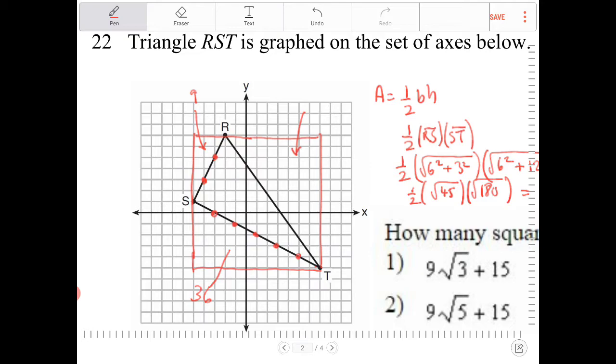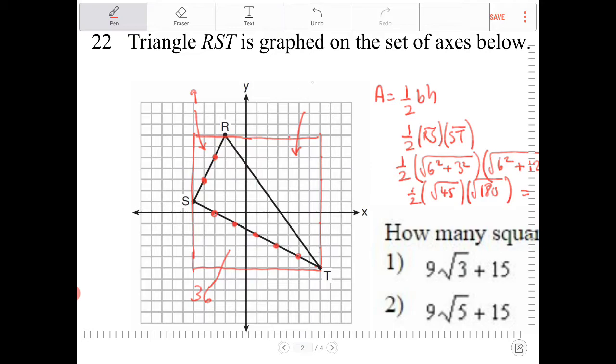This guy right here, what is that? 2, 4, 6, 8, 10, 12.